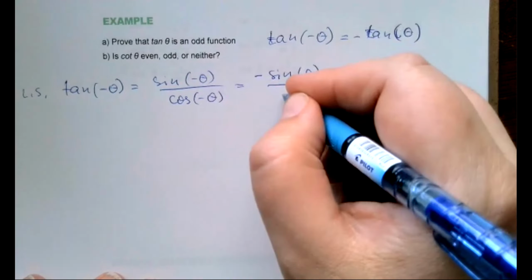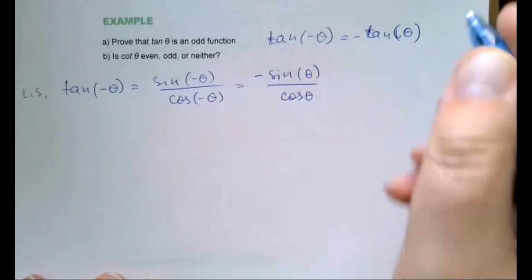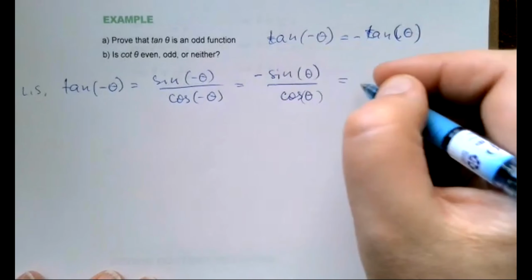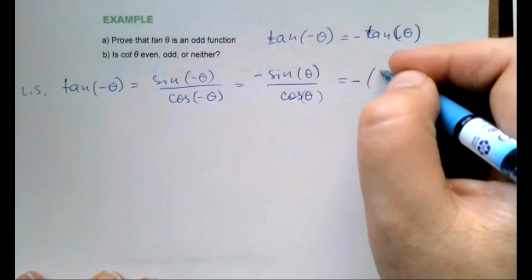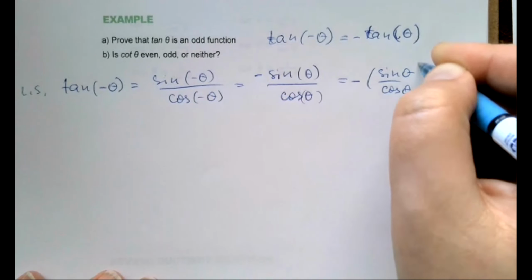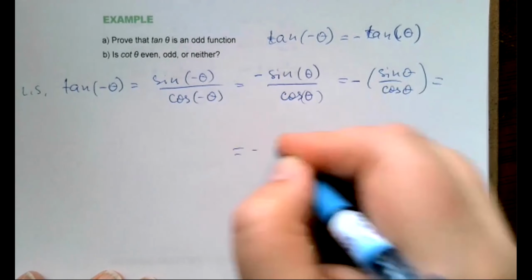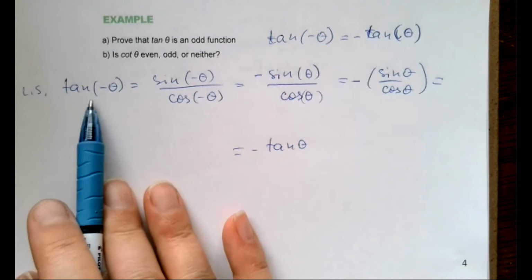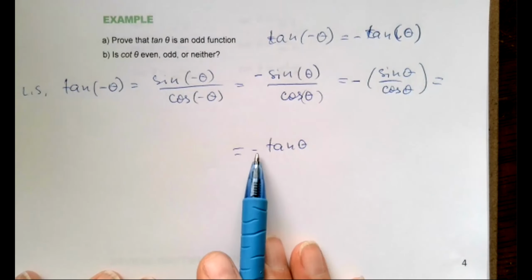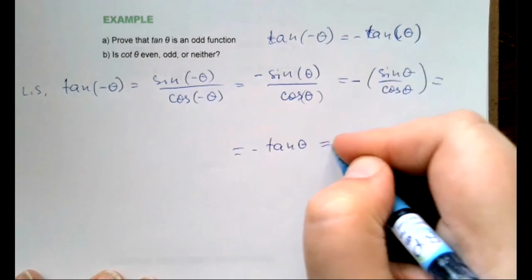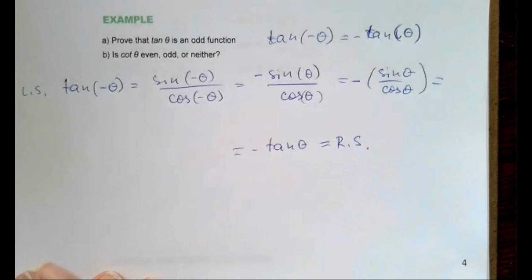So cosine of negative theta just becomes cosine theta. Now, what is that equal to? We could put the negative to the front, and sine theta over cosine theta is just tangent theta. So we started with tangent of negative theta, and we ended with negative tangent theta, which is the right side of this identity. So we just proved this identity.